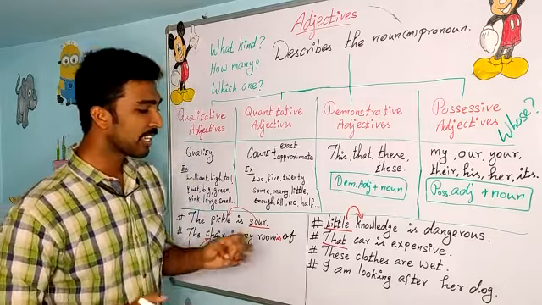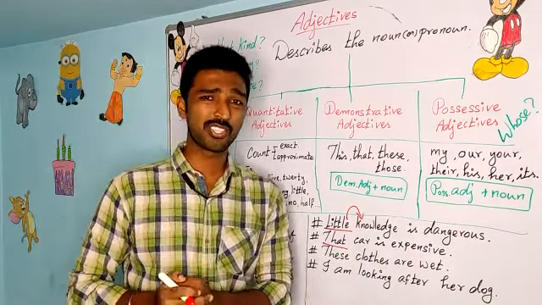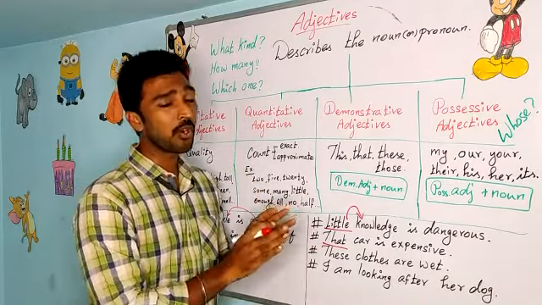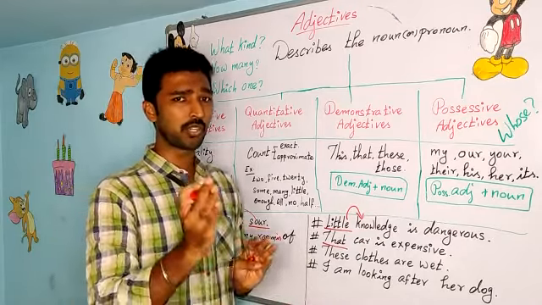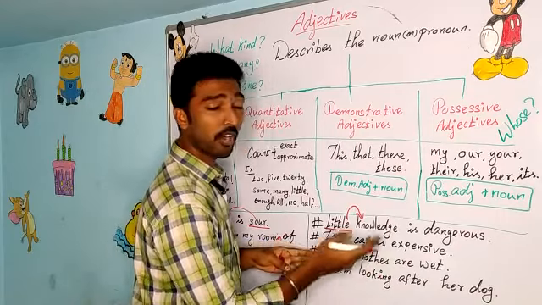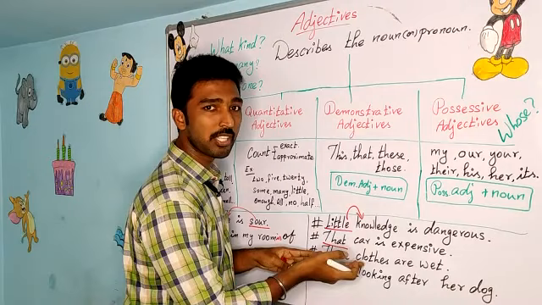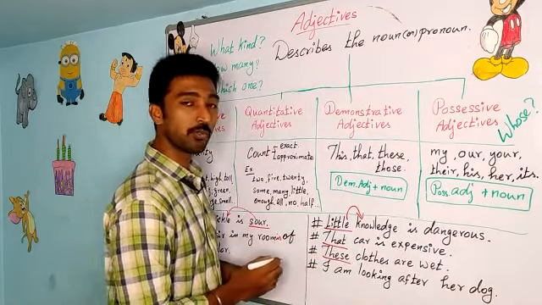And the next sentence: these clothes are wet. These clothes. So the clothes are very near to us and the count is more than one. Plural and near to us. So we have to use these. These clothes are wet. Demonstrative adjective plus noun. The sentence is correct and the word these is a demonstrative adjective.